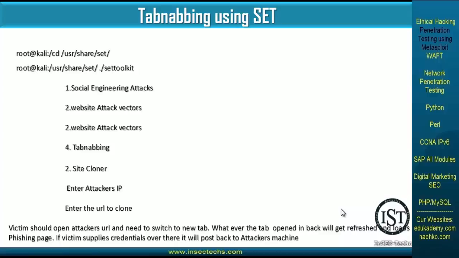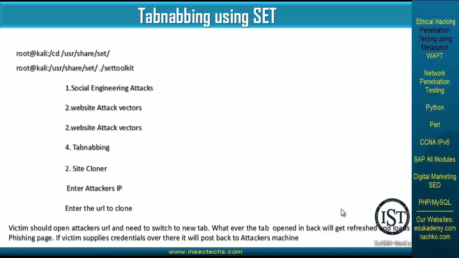What if I switch back and provide my credentials in the backend tab which got opened? Of course I might get logged into my account, if I haven't signed out, or I may get redirected directly to my Facebook web page.